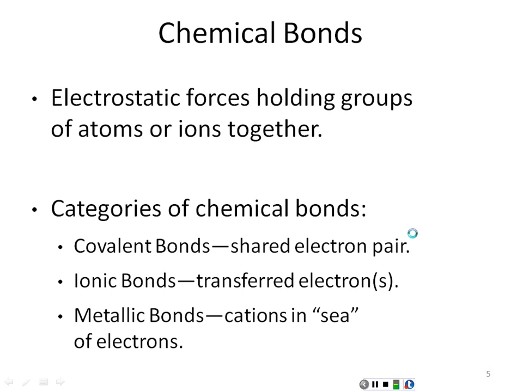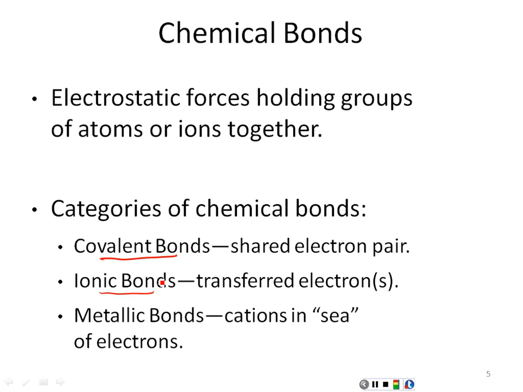Now there are three different types or categories, or flavors, if you want to think of them that way, of chemical bonds. You have covalent bonds, where an electron pair is shared. You have ionic bonds, where electrons are transferred from one atom to another.